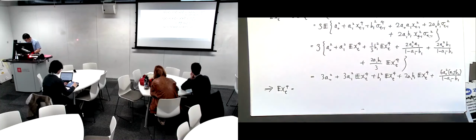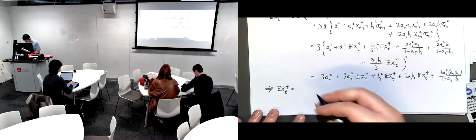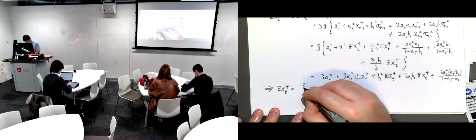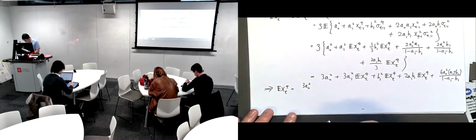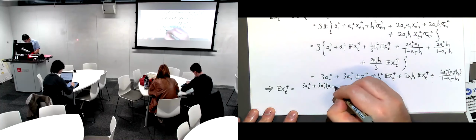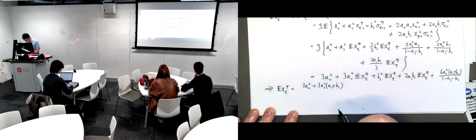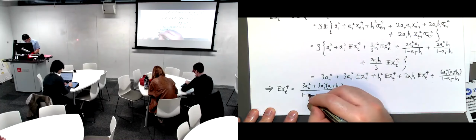So it's 3a naught squared times minus 3 plus 6, so it's plus 3 a naught squared a1 plus b1 divided by 1 minus a1 minus b1.